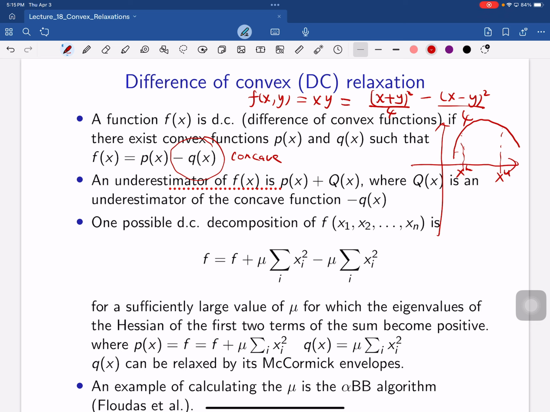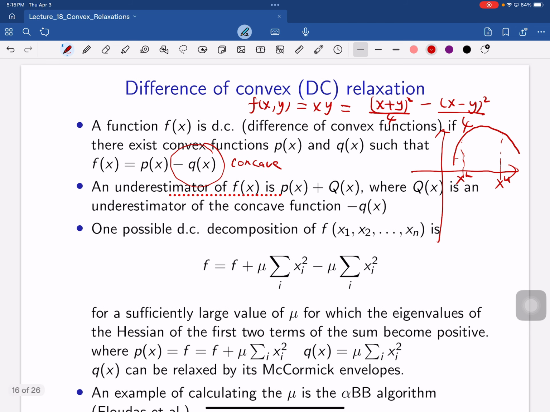So this is a concave function, and I'm interested in regions between x_L and x_U. How do I come up with a convex underestimator of this concave function? Just a line. Yeah, it's just a line, right? Actually the line is the tightest convex underestimator of this concave function.